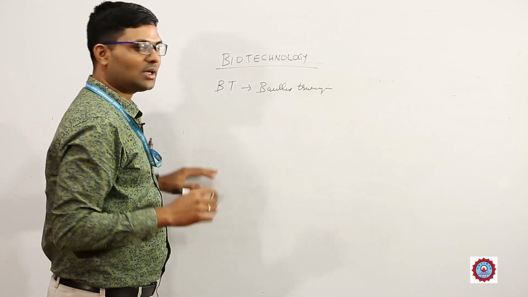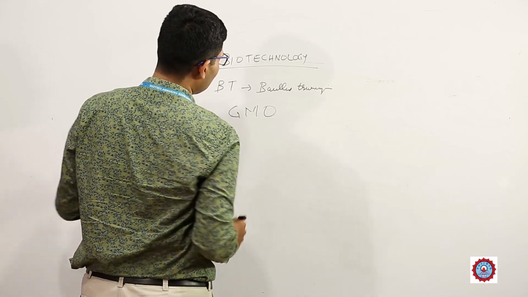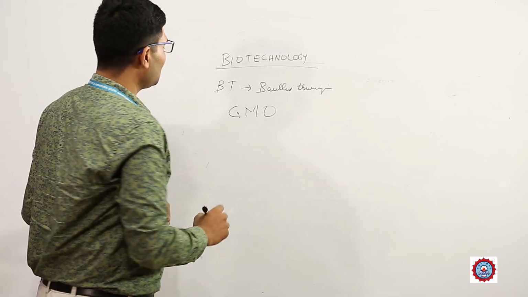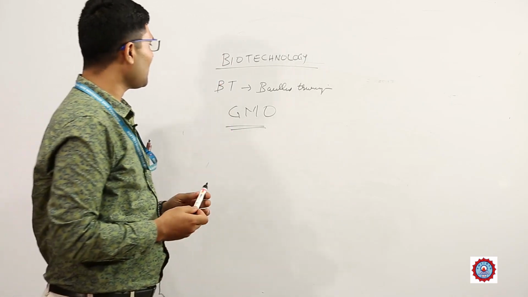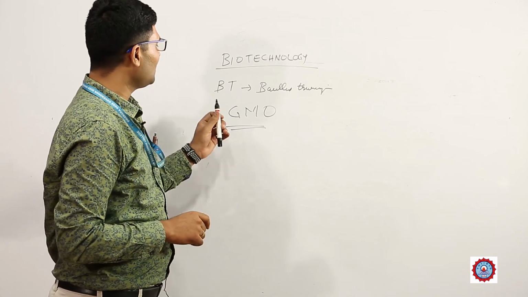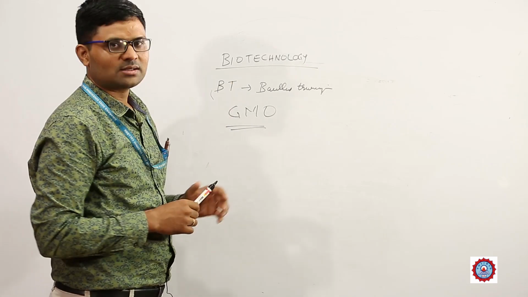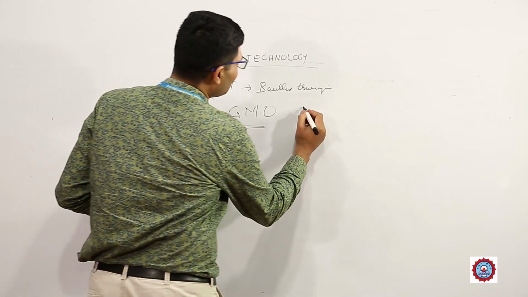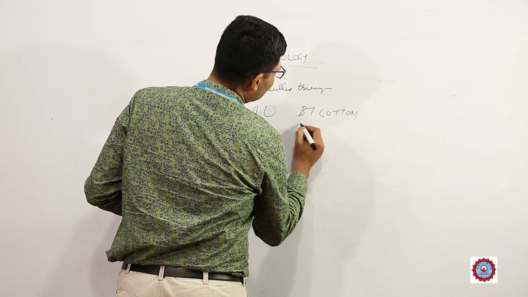We hear the term GMO, genetically modified crops. So what is genetically modified? Based on biotechnology concepts, we use this bacteria. This is how they developed plants like Bt cotton and Bt brinjal.